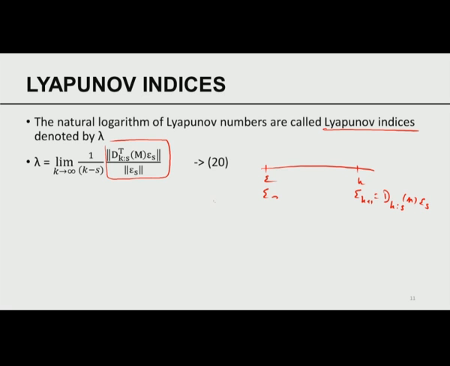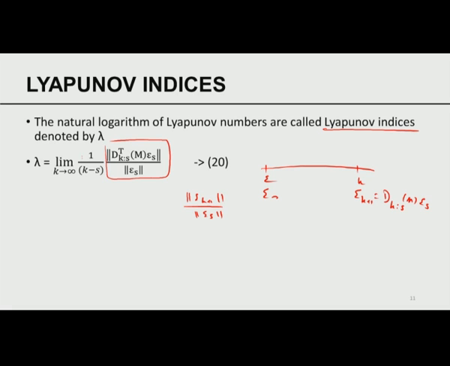What does it tell you? By running epsilon s through the model, I am able to change the initial error. So the norm of this ratio is a number, and this number depends on the time interval k minus s.